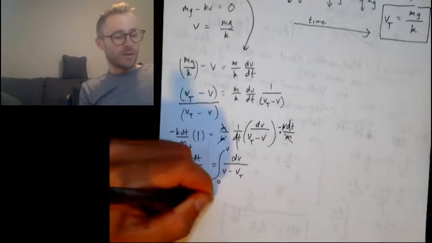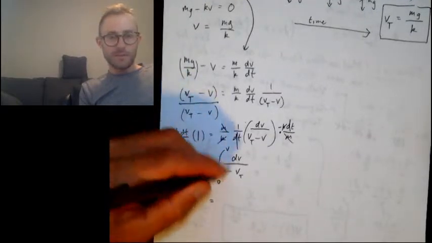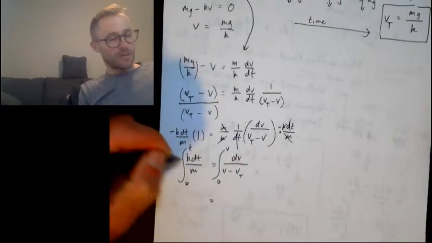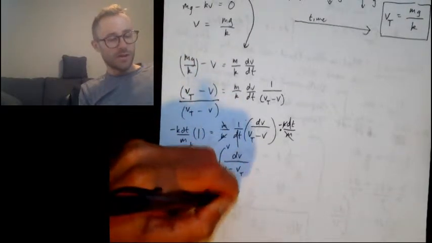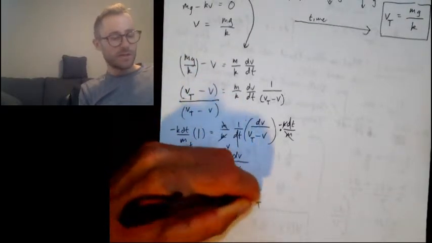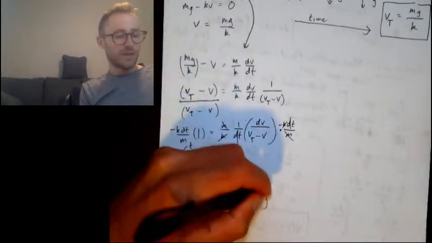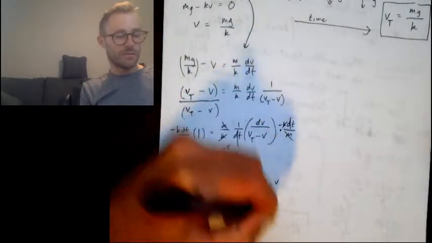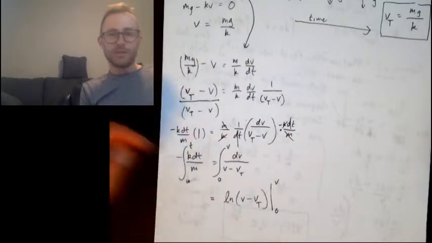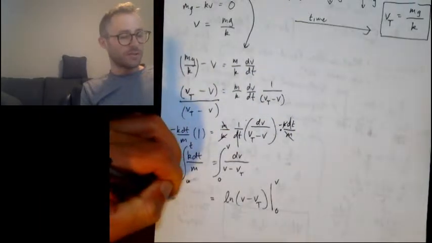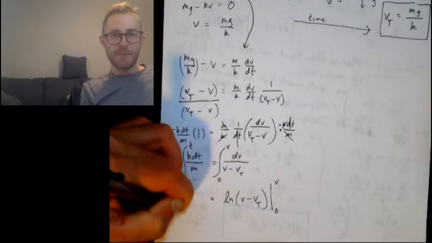So doing this, on the right-hand side, we get natural log of v minus vt, evaluated at v and 0. And then on the left-hand side, we have minus kt over m.